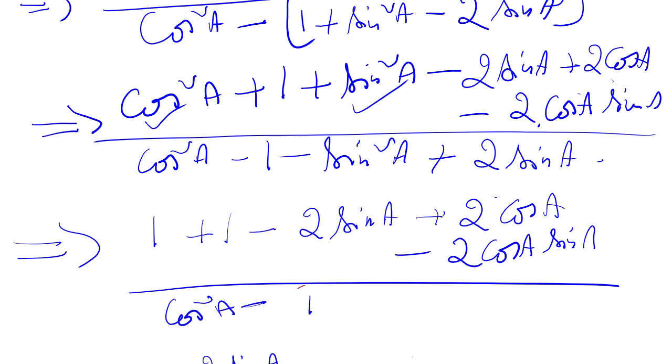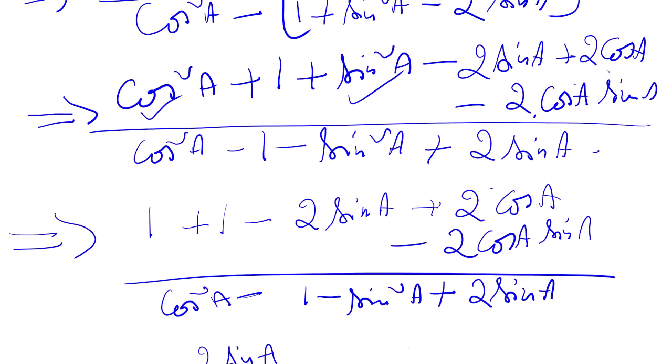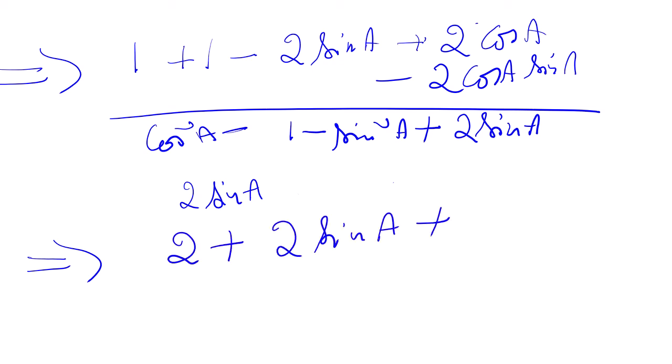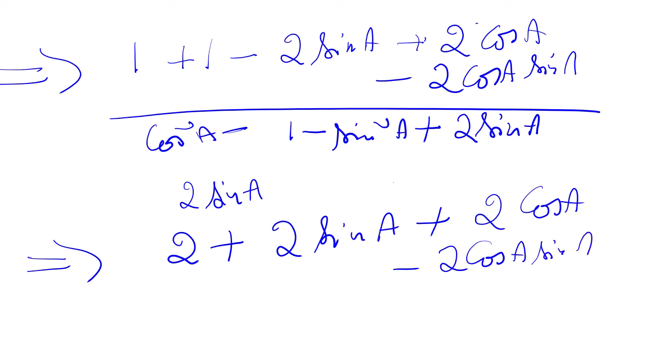So cos square A minus 1 minus sin square A plus 2 sin A. So on the top it will become 2, numerator 2 plus 2 sin A plus 2 cos A minus 2 cos A sin A.